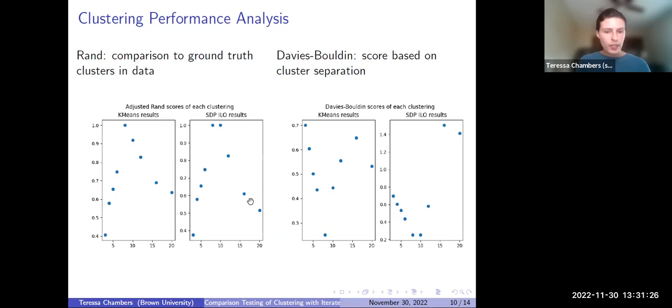But for K equals, I believe this was 16 and 20, the strength of the clustering for iterated linear optimization dropped off much more considerably. Now that sounds like a bad thing, but it's actually a good thing, because that's stronger evidence in favor of the idea that 16 clusters or 20 clusters is just too many clusters and doesn't make sense with this data set.